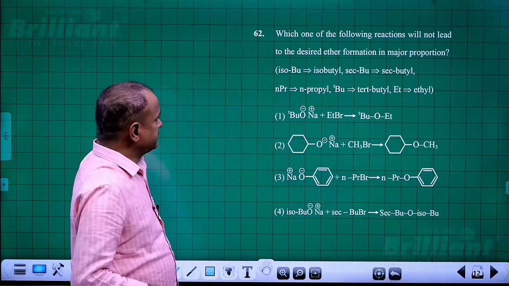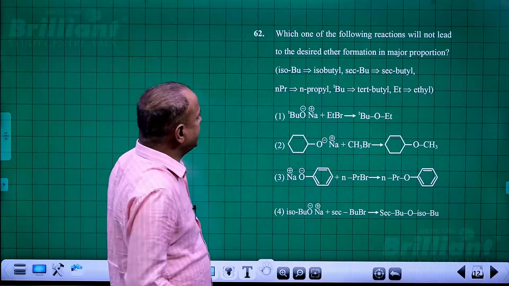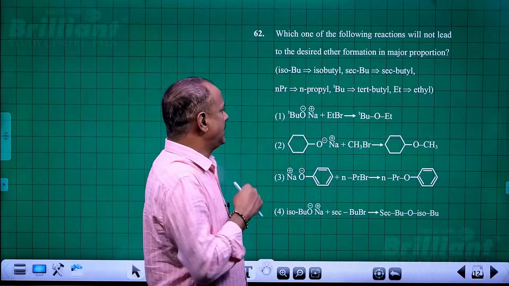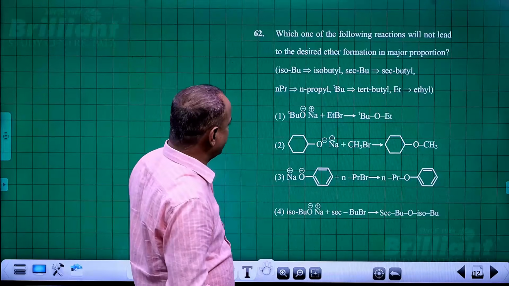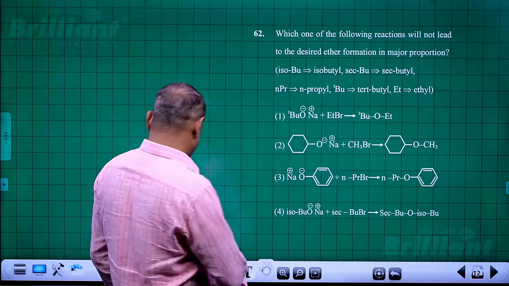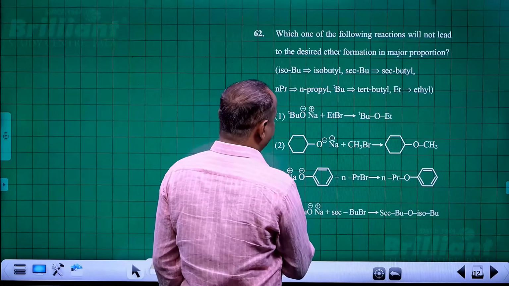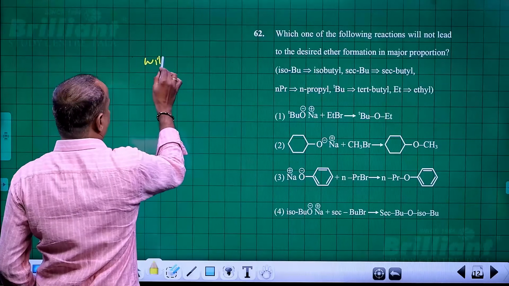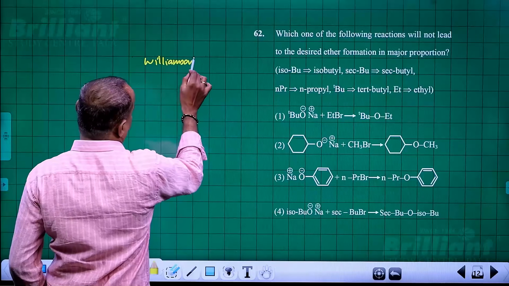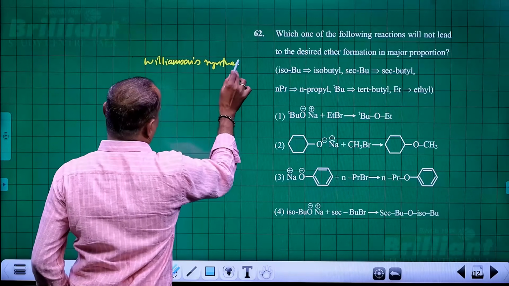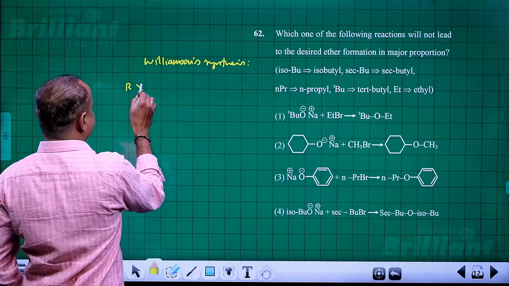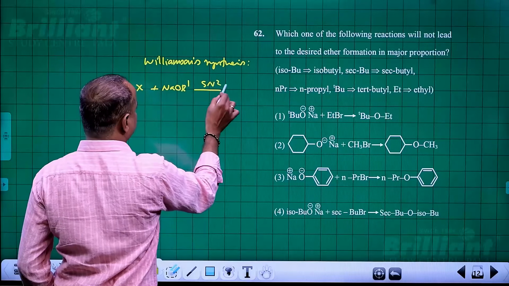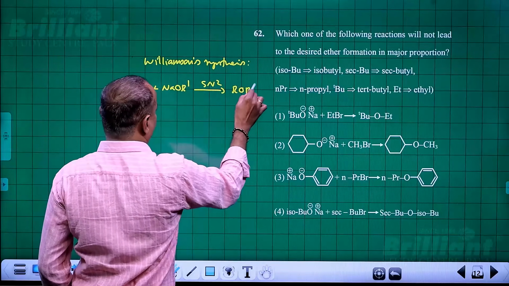Next, 62. Which of the following reactions will not lead to desired ether formation in the major product? Isobutyl, secondary butyl, n-propyl, butyl, tertiary ethyl given. So for ether formation, Williamson synthesis condition only applies. Williamson synthesis: RX plus NaOR' by SN2 reaction forms ROR'.